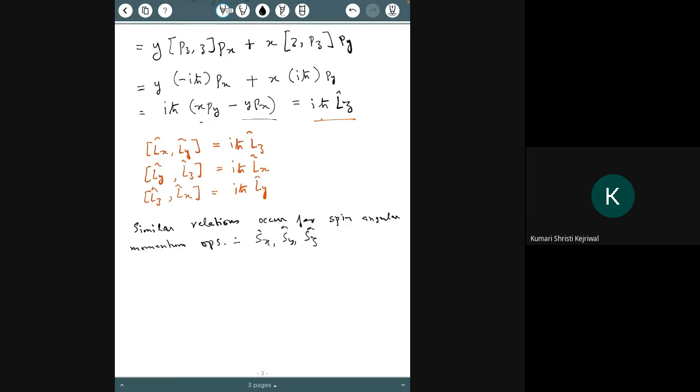Now the next question that we ask is, can we have simultaneous eigenstates of Lx, Ly, and Lz?